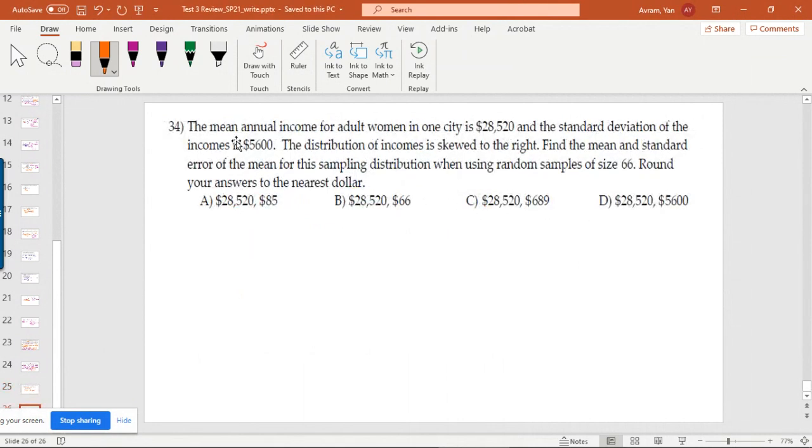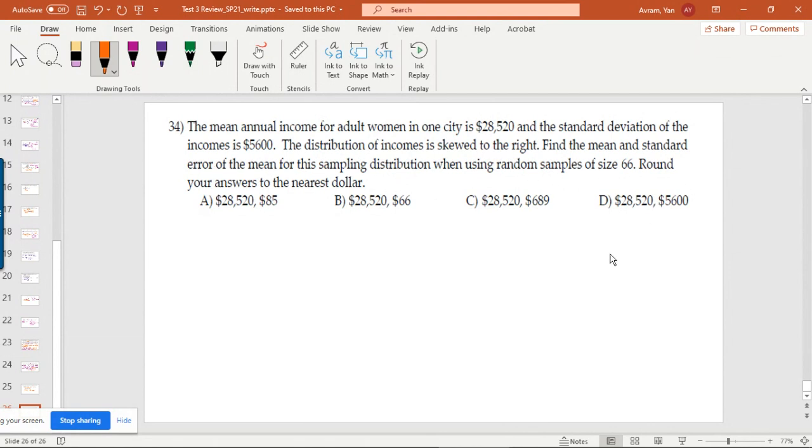Last one is pretty much the same. The mean annual income for adult women in a city is this much, and the standard deviation is given. The distribution of the income is skewed to the right. Find the mean and the standard error.